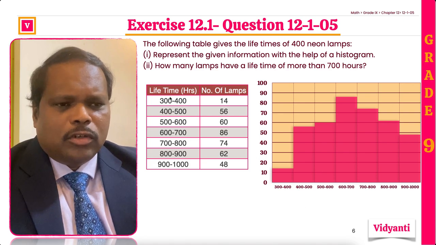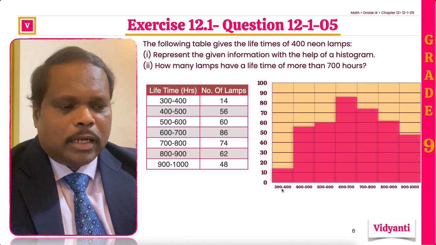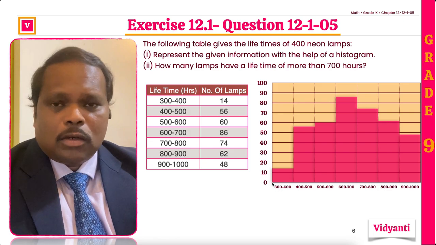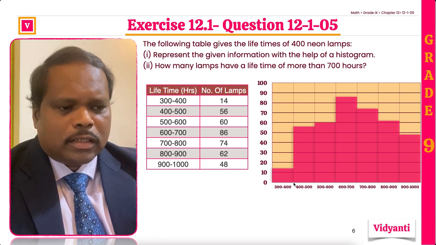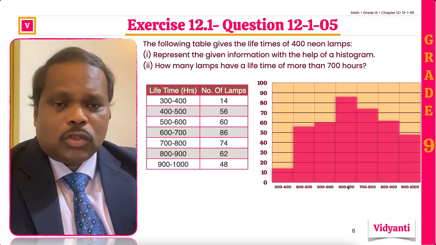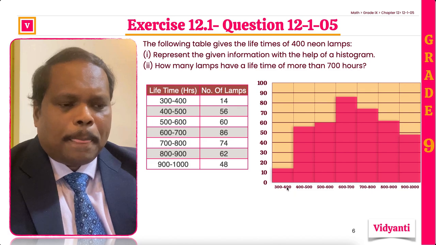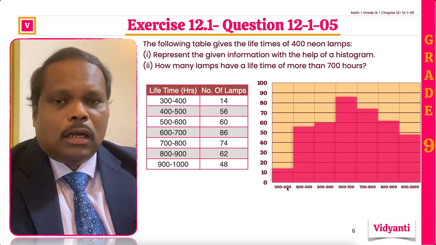On the x-axis, you will plot lifetime in hours. So 300 to 400: you can mark this corner as 300 and this as 400, or you can mark this space as 300 to 400, then 400 to 500, 500 to 600, and so on. Make sure that whatever space you have is properly covered.